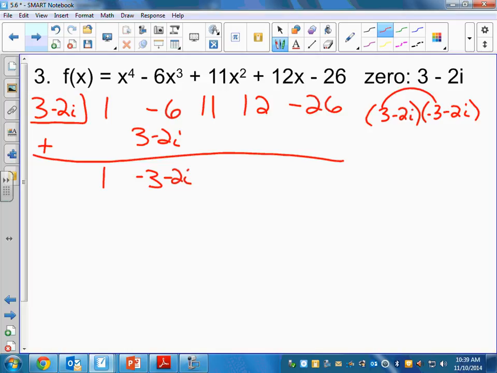So I'm going to get negative 9 minus 6I plus 6I plus 4I squared, but that's really going to turn into minus 4, right? That's plus 4I squared.